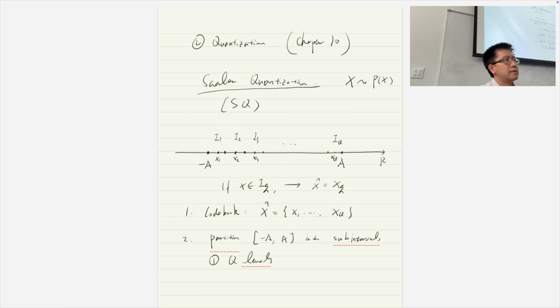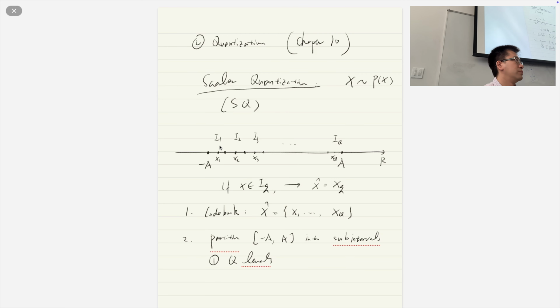The other thing is that we want some criteria to determine how many intervals we have and where each xq is. Normally the criteria is called the distortion, and we want to make the distortion as small as possible. This means we want xq to be close to all x in this interval. If it's a uniform distribution, probably x1 here would be the midpoint of this interval.